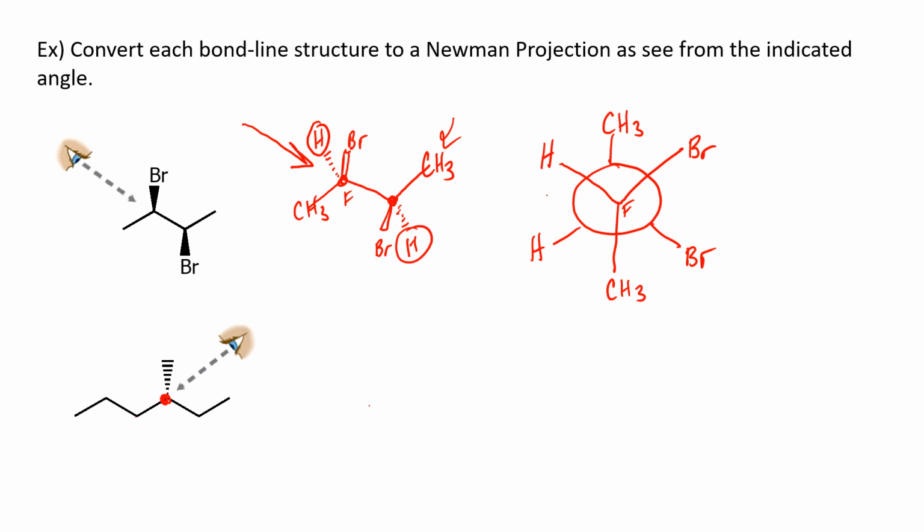Now we have to decide, based on this perspective, we have to come up with a zigzag template. So for that perspective, your zigzag is going to look like this. There's your carbon 1, there's your carbon 2.